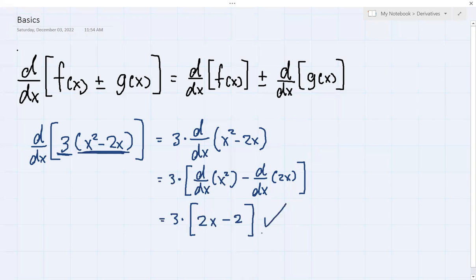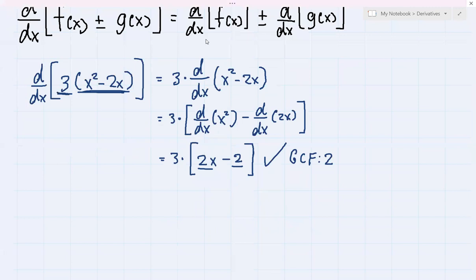Pero pwede pa natin itong i-simplify. Alam mo bakit? 2x and negative 2 are both divisible by 2 or meron silang greatest common factor na 2. Bakit kaya meron 2? Wait, sorry guys kapag palagi na lang ako nagfa-factor ng 2. Don't worry, sa last problem, may simplify din tayo yata, pero hindi 2 palagi ang ifa-factor out dito.